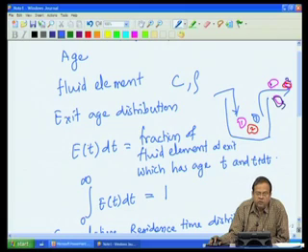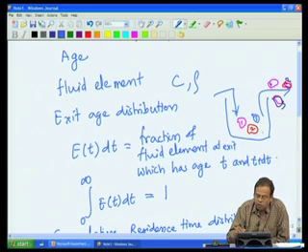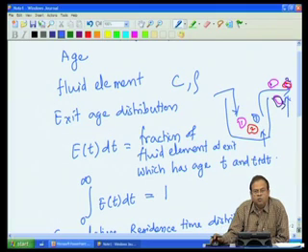The very fact that we have now identified that fluids spend different amounts of time in the reactor leads to the fact that the quality of fluid inside the reactor is not the same as the fluid coming out of the reactor, in terms of the amounts of time or ages of these fluid fractions.